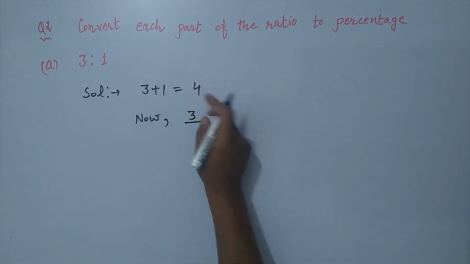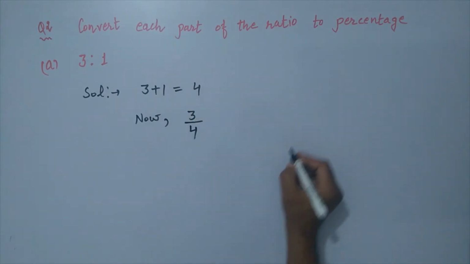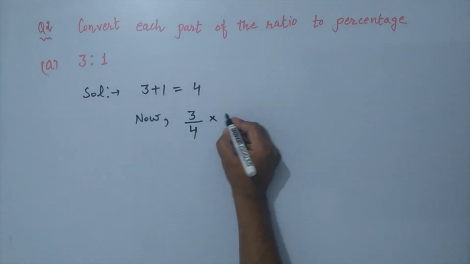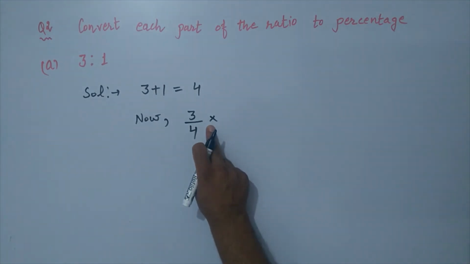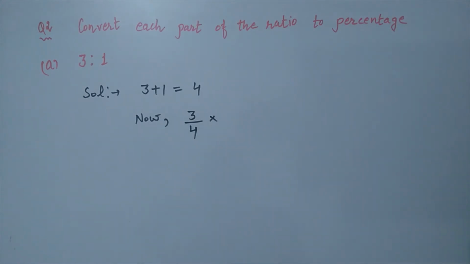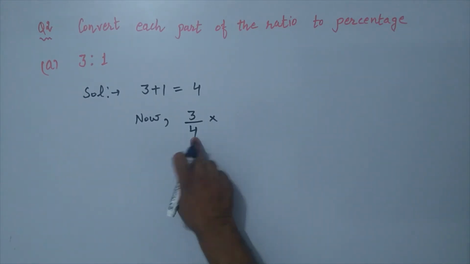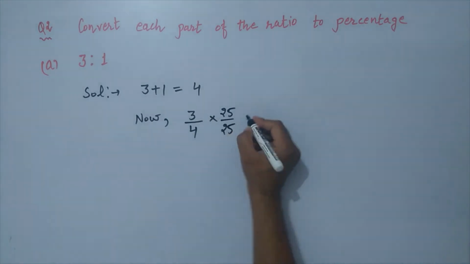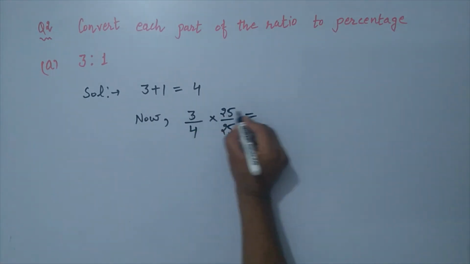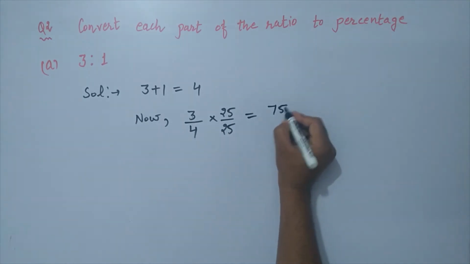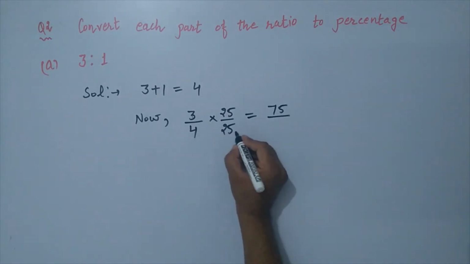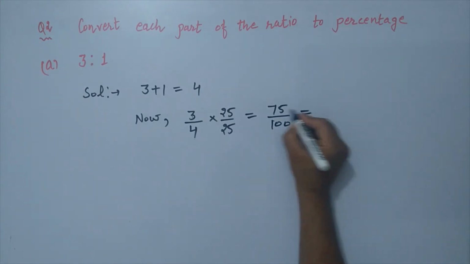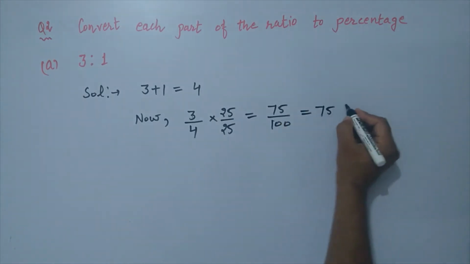We write this in denominator, 3 upon 4. Now we multiply with number so that denominator becomes 100. We need 25. So 25 divide 25. This way 3 into 25 is 75. Divide 4 into 25 is 100. This can be written as 75%.